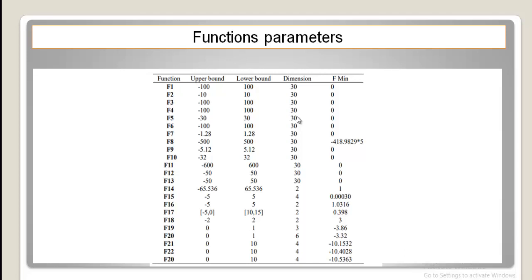The table lists a series of benchmark functions from function 1 to function 22 with their corresponding upper bound, lower bound, dimension of the search space, and the global minimum value, f_min, for each function. This table provides the parameters for various benchmark functions used in optimization to evaluate the performance of algorithms.